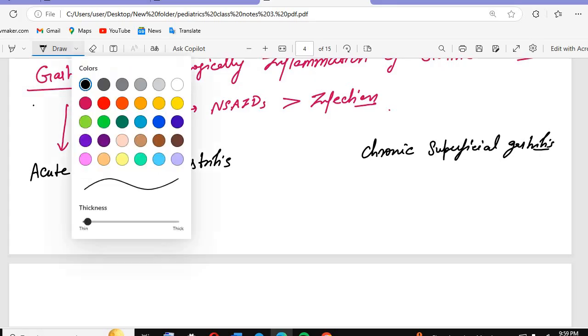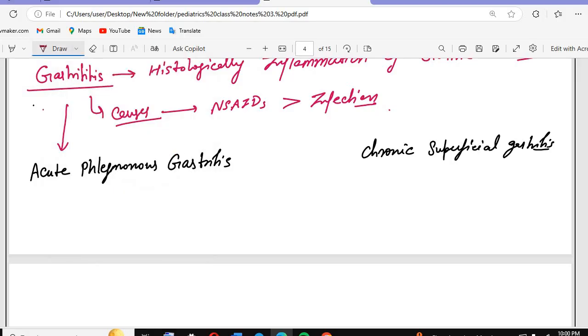So acute phlegmonous gastritis is the rare one. It rarely happens, but it is a severely progressive inflammation of the gastric wall.